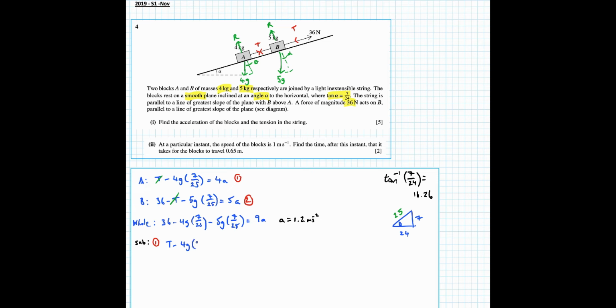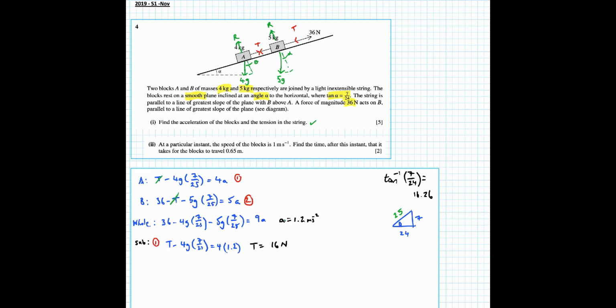Again, you can simplify these parts as you go along. I'm just making it visually consistent. It's equal to 4 times 1.2, and you'll get your tension then. So the tension is 16 newtons. That's part 1 complete. Now on to our second part.